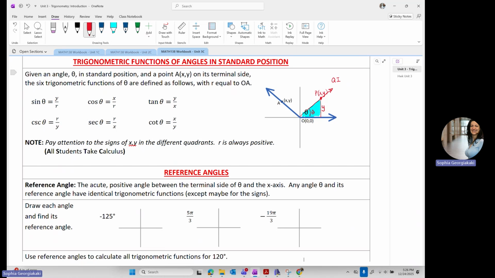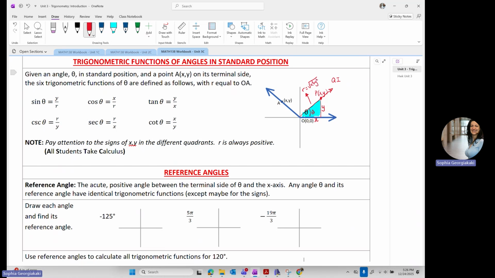Opposite to theta is the length of the coordinate y, and adjacent to theta is the length of the coordinate x. And the distance from the origin to point P will be called r, and it will be the square root of x squared plus y squared in that right triangle.